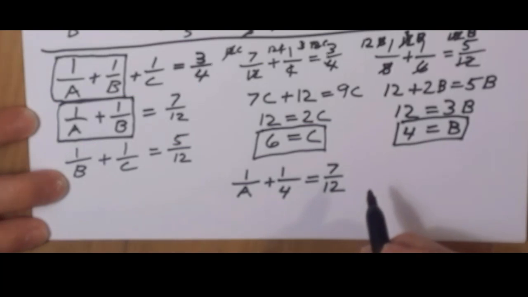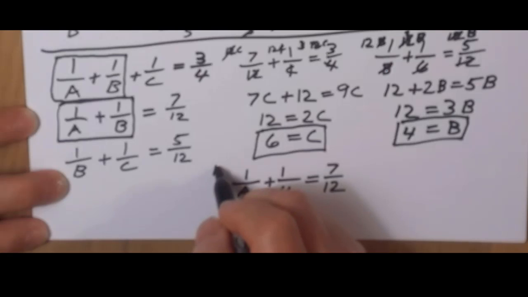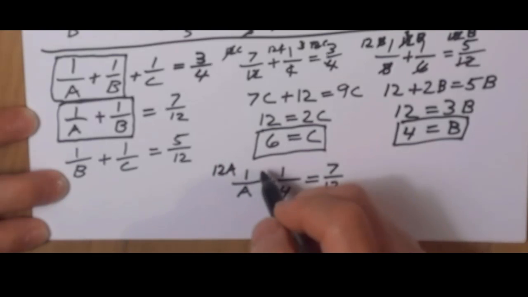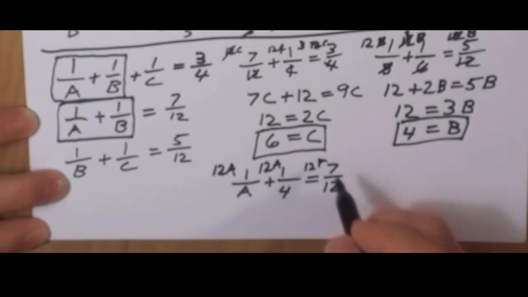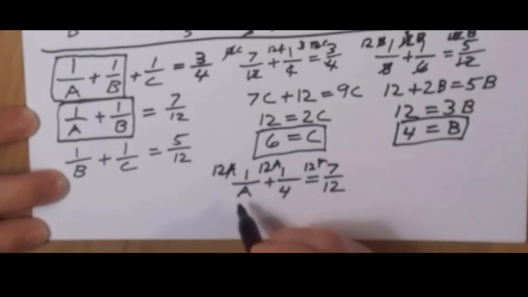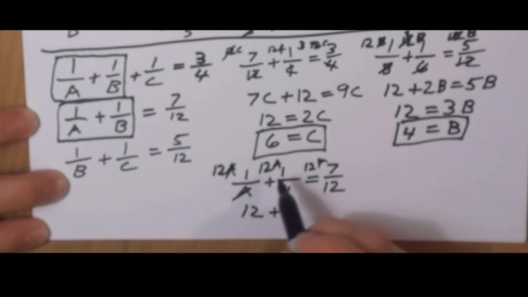Okay, so we multiply both sides by 12a because that's the lowest common denominator. So 12a here, 12a here, and 12a here. So the a's cancel out. I'm left with a 12 plus 4 goes into 12 3 times.